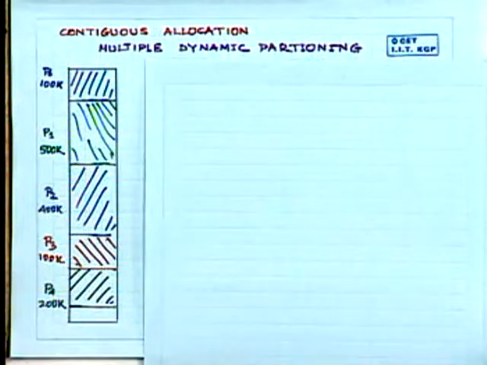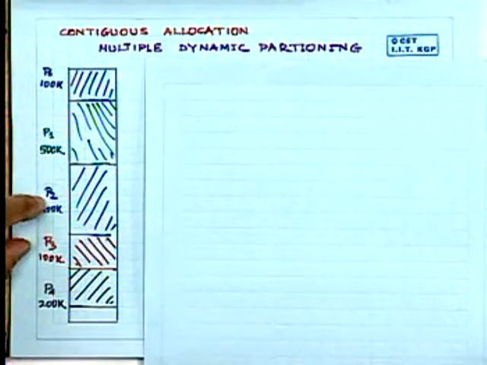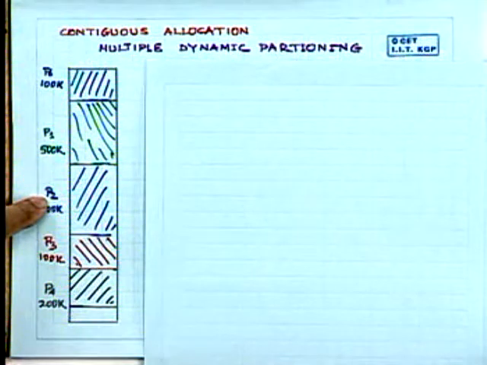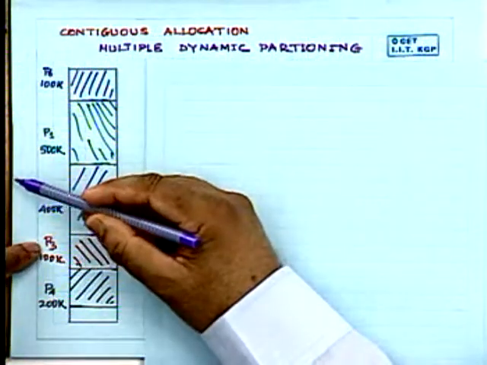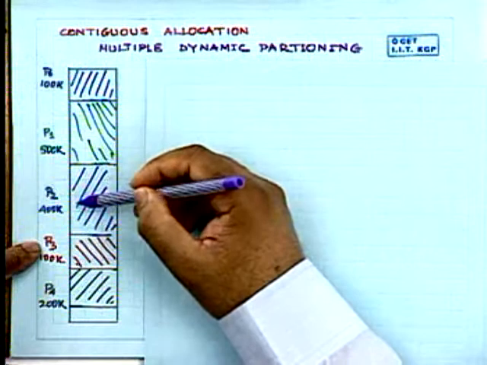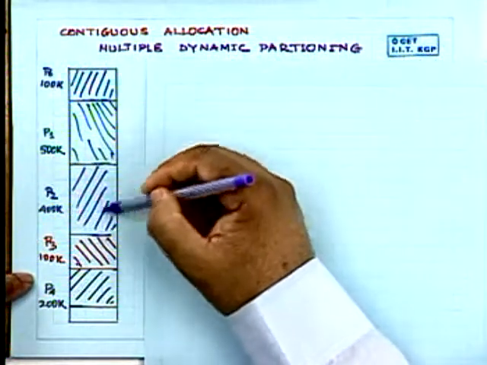Quite fine. But say after some time, this program P2's execution is over. Immediately, another program which is waiting in the queue can be brought in and put into this partition.